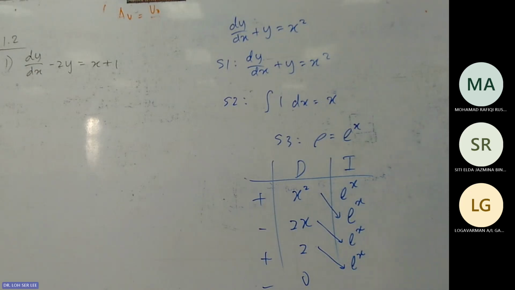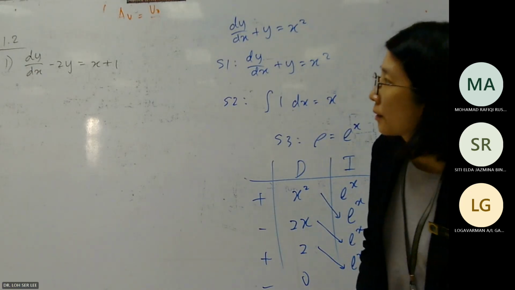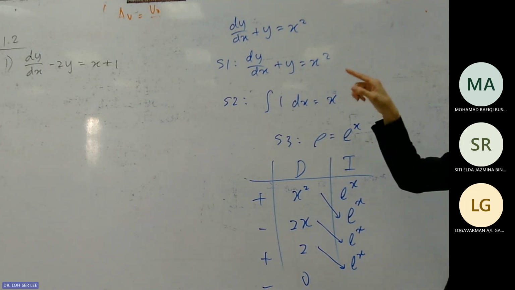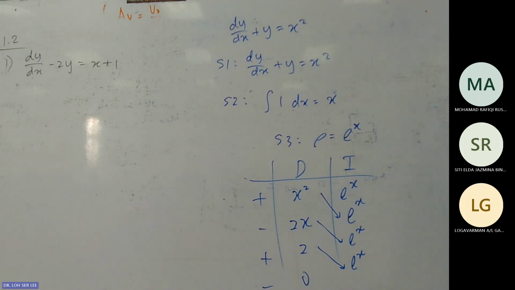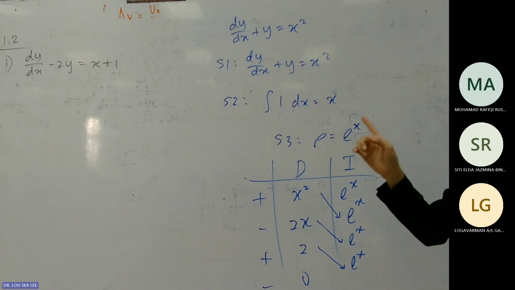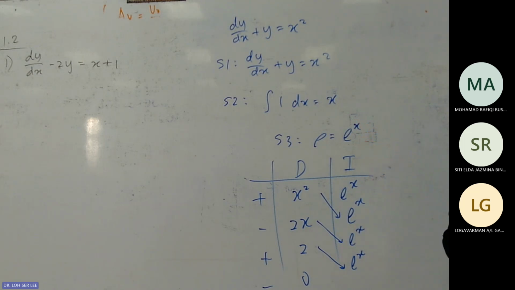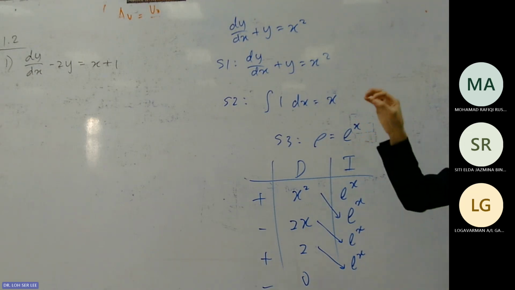Is it linear? No. If no, there must be a reason. Why no? Who gave the answer no? There must be a reason.